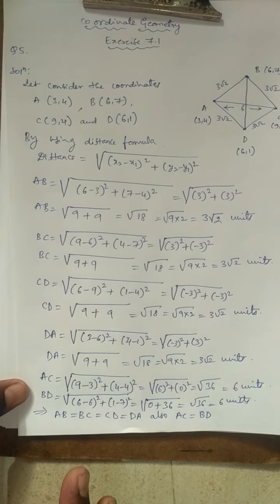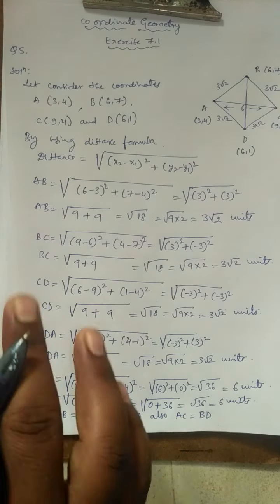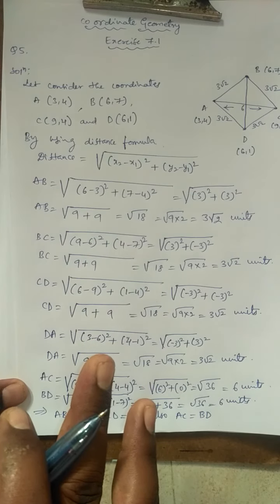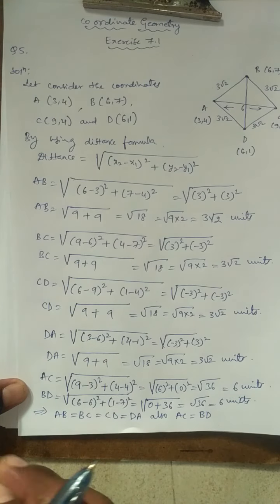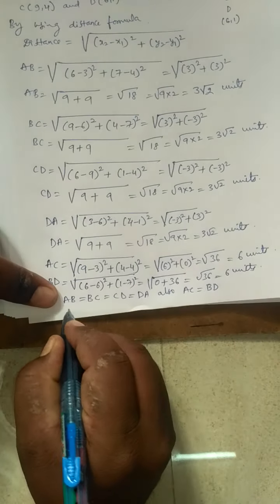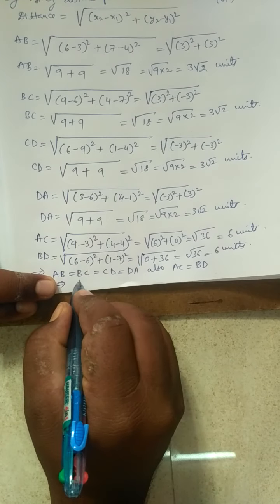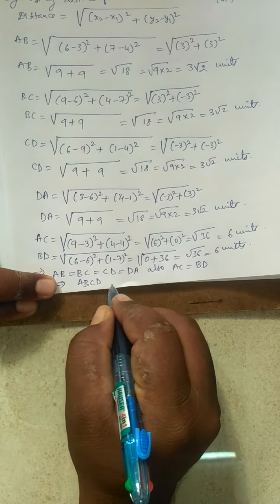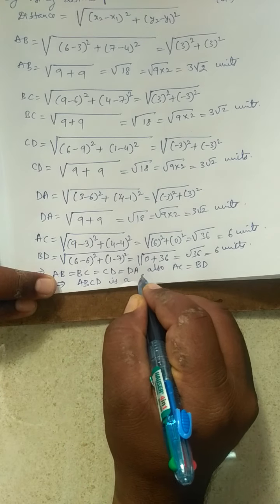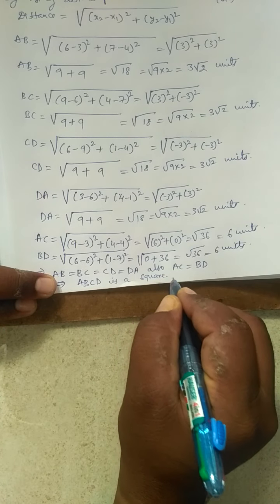In this quadrilateral, we identified that all the sides are equal and the diagonals are also equal to each other. For that reason, we say ABCD is a square. This is our result.